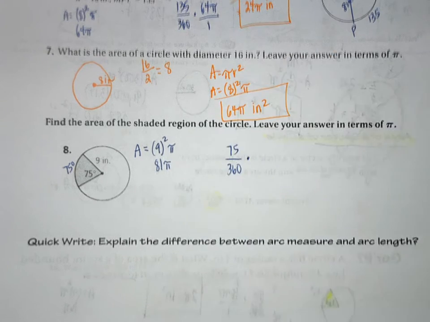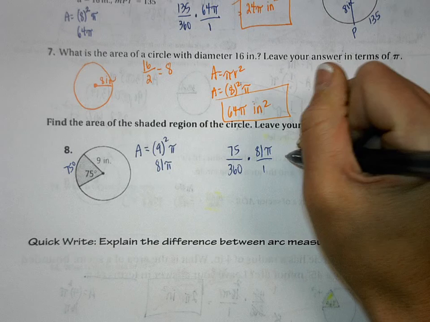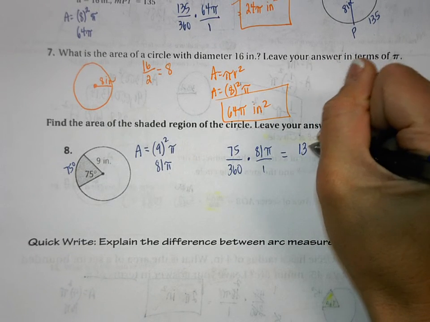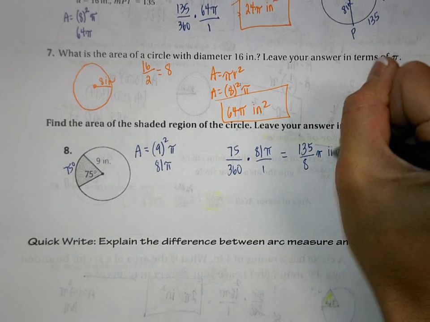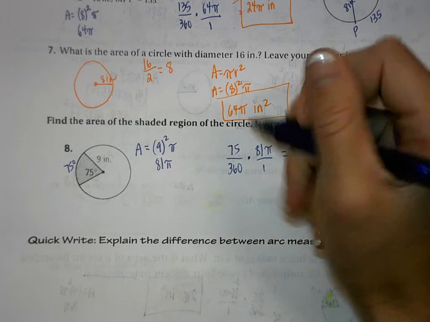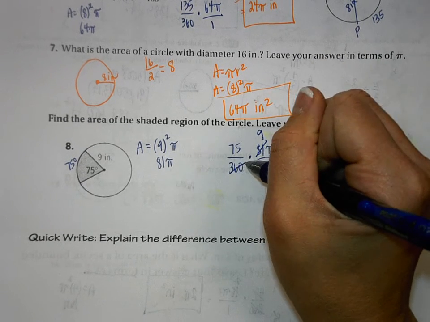Times. Good. And so we can multiply, cross cancel, reduce. If you left it as a fraction, it's 135 over 8 pi inches squared. Okay? You can do stuff like dividing by 9. Dividing by 9 here makes this 40.